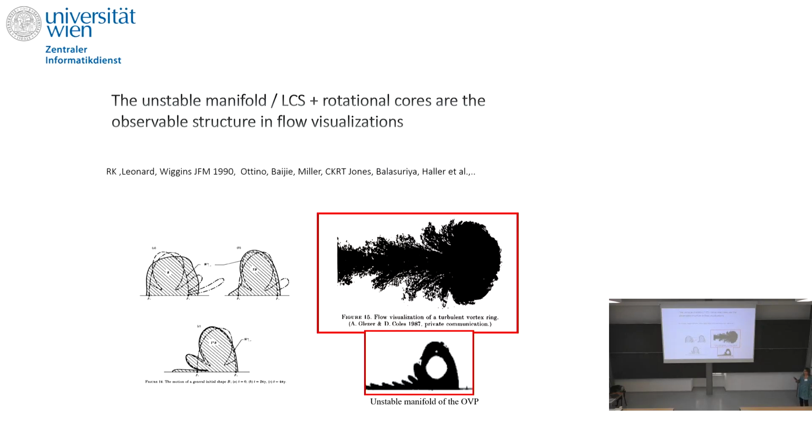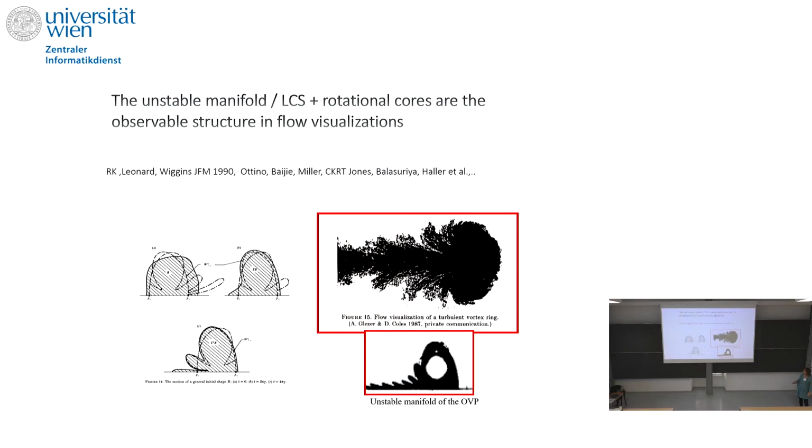So many people prior to learning about chaotic advection many times identified complicated looking visualizations as an indication of a complicated velocity field.